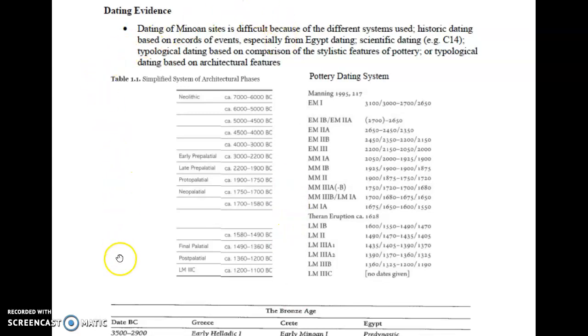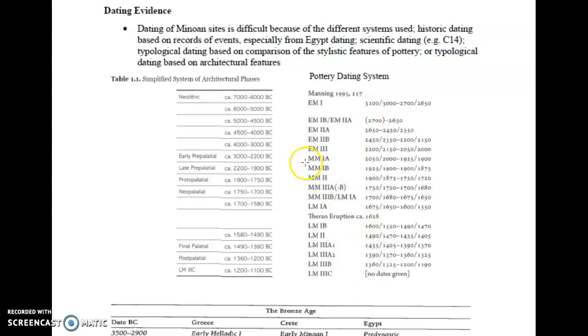So you can see here that we have this pottery dating system. MM means middle Minoan, LM means late Minoan, EM means early Minoan, and then each of these phases are divided into even smaller phases. And these are the sort of dates that we come up with.